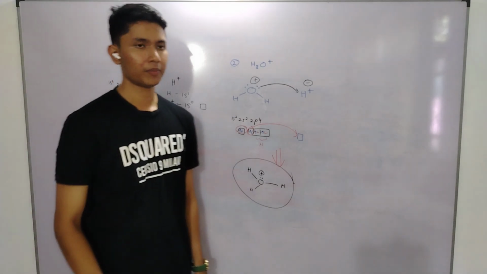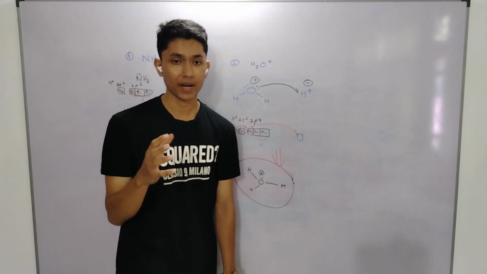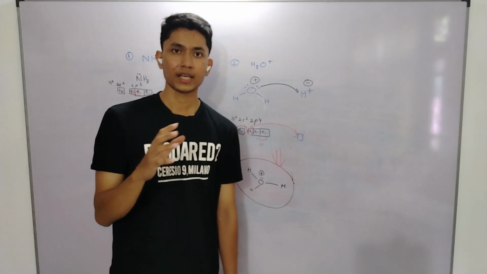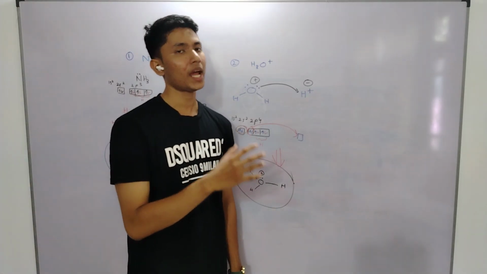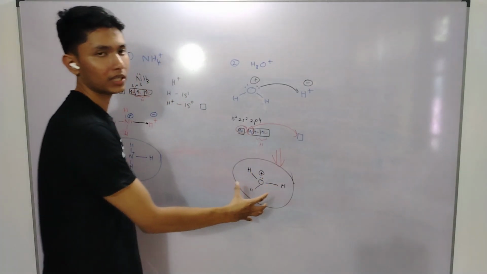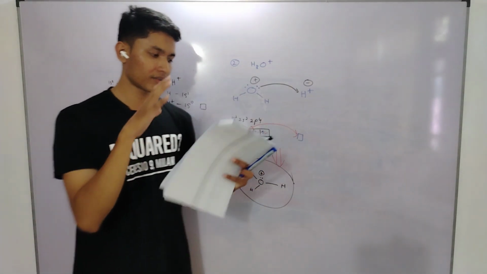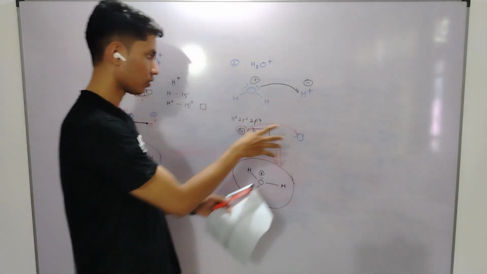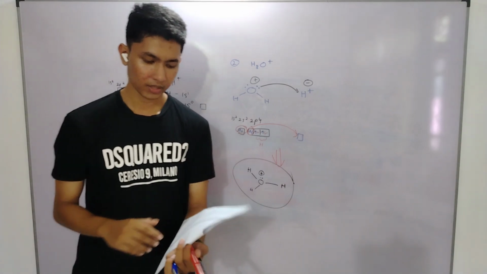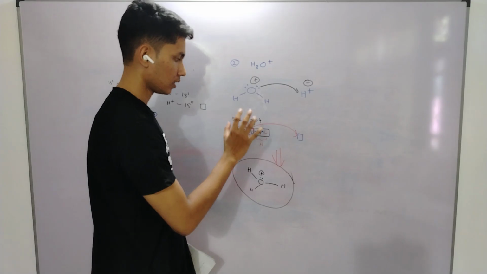Even if a molecule or an atom has multiple pairs of electrons, it can form only one dative bond. Okay? So this is the maximum limit it can reach. Try to fill the page. So that's the point I want to make.